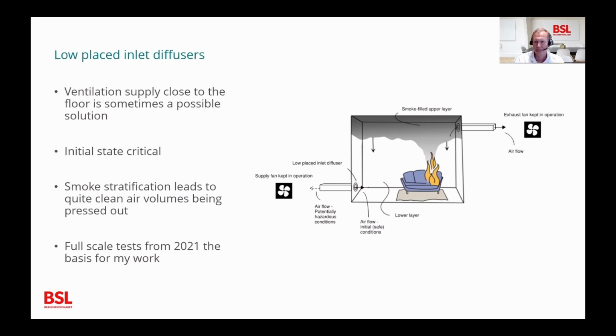At the same time, the fire is limited due to the available oxygen in the room, and we also have a smoke stratification in the room, meaning that the volumes being pressed out through the supply duct are both quite clean and quite small in amount. And as soon as we have a pressure relief, for example, if a window breaks, the spread through the ventilation supply side will stop.